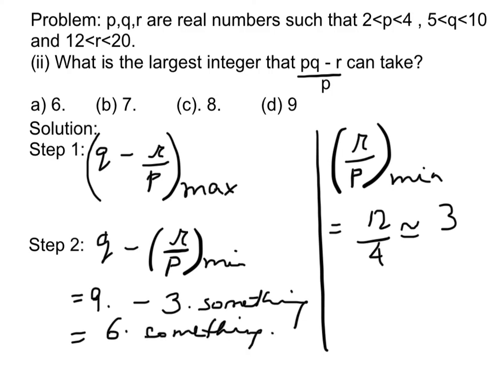Okay. Now 6 point something means, here what do we get? 6 point something. What is the largest integer? So it has to be 6 point something is 6.